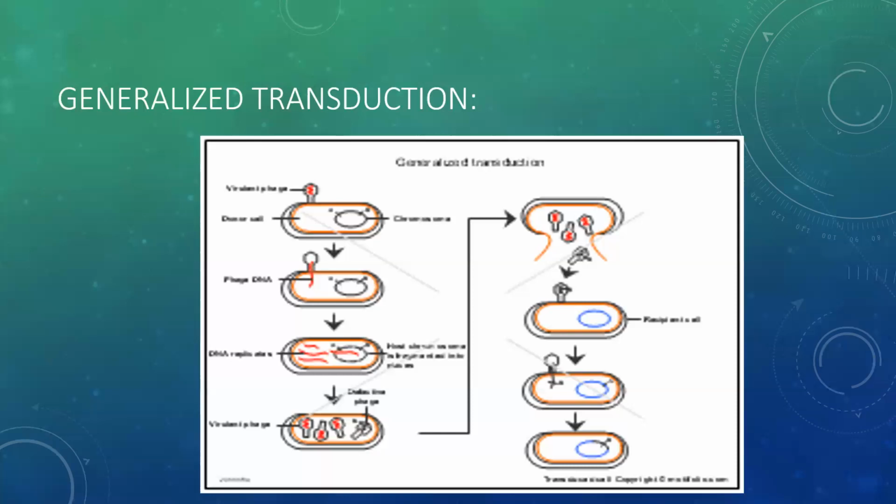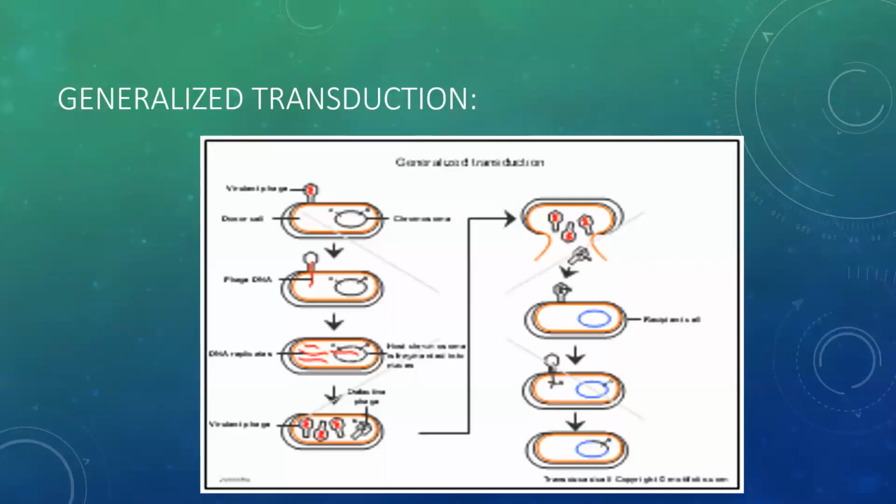Now, if we talk about the significance of this transduction, first, genetic material from one bacterium to another is getting adapted. If there is transfer of genetic material from one bacterium to another, that leads to alteration of the genetic makeup of the other bacterium.